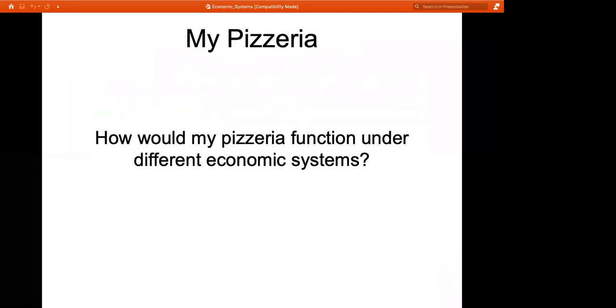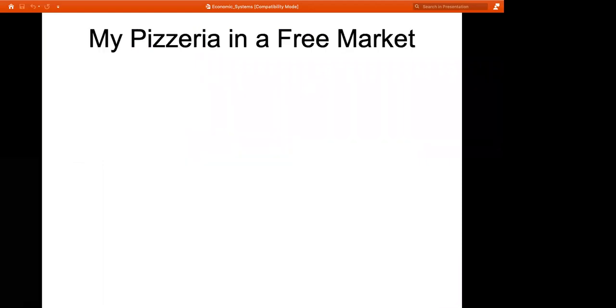So what I thought is, if you take one product, how different economic systems interfere in choosing or producing it. I am taking the example of a pizza. How would my pizza function under different economic systems?